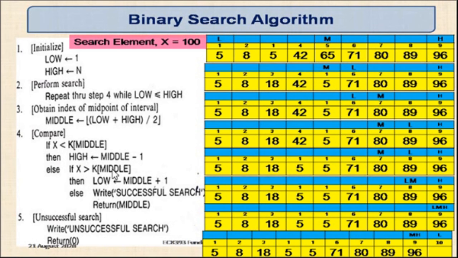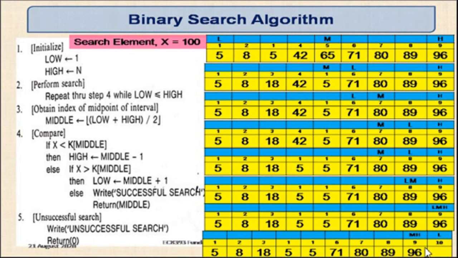X is 100, k of middle, that is k of 9, is 96. So 100 is greater than 96, and this condition is satisfied. So again the lower pointer is adjusted to middle plus 1. Now middle is 9, middle plus 1 is 10. So the pointer L is moved to the 10th location, which is out of the effective list.